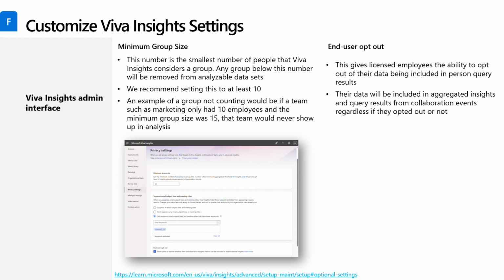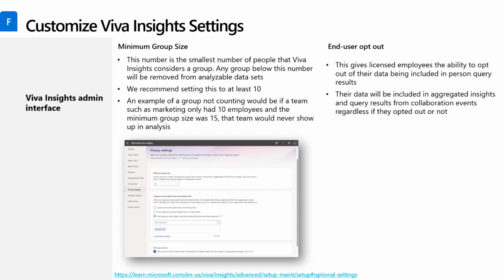We've also added this new feature over the last 6 months, which is the end user opt-out. What this option does, if it's turned on by the admin, is that it gives the licensed employees the ability to opt out of having their data be visible in the person query results.